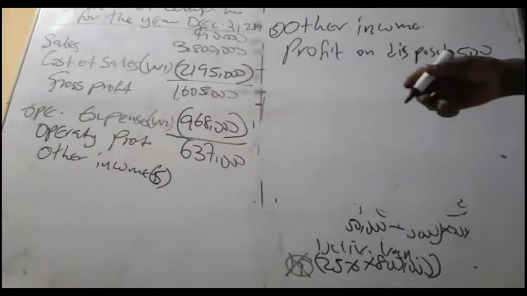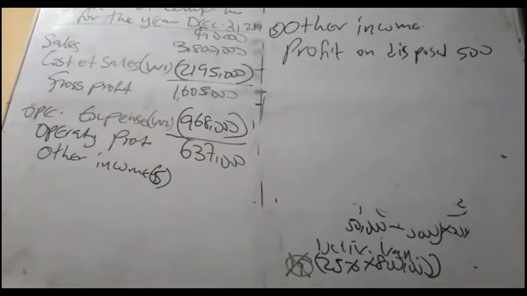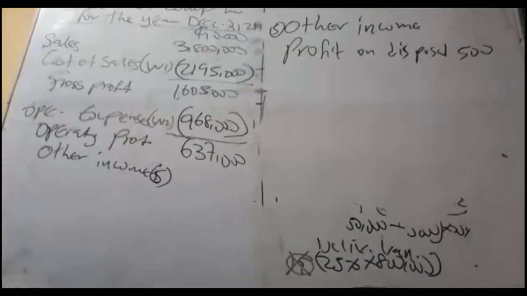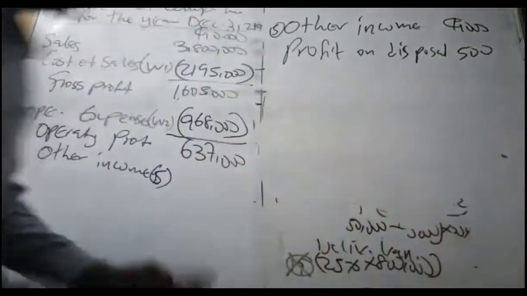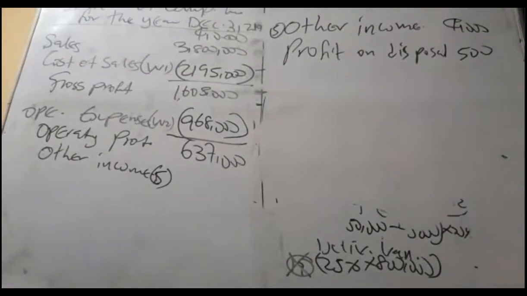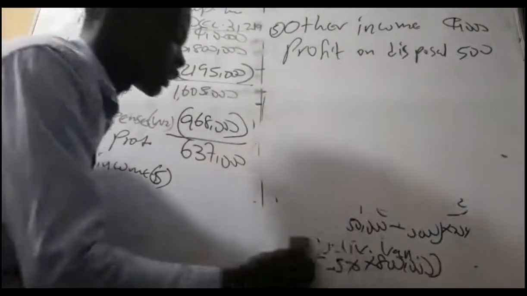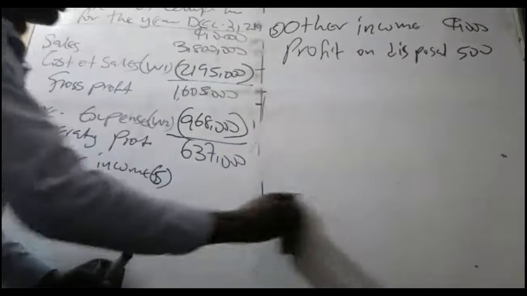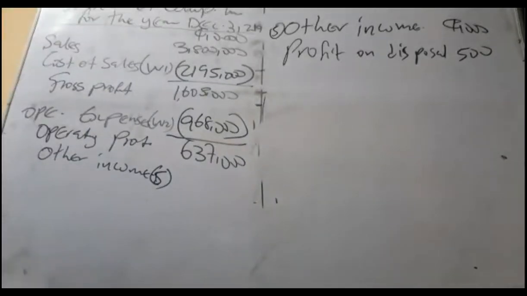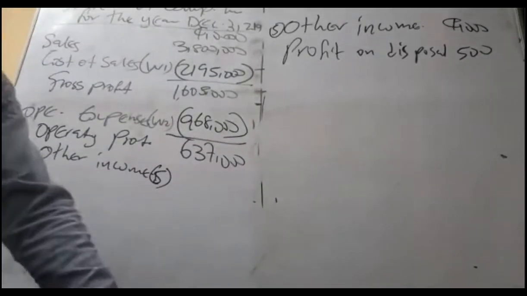Then which one again? Let's come to the trial balance. If we see any other income, let's bring it. Let's go ahead and scan the trial balance. If you see other income in the trial balance, let's go together.